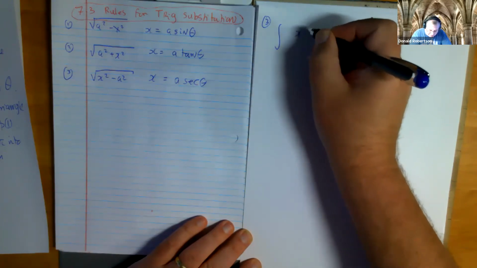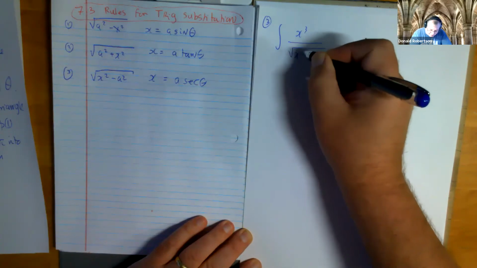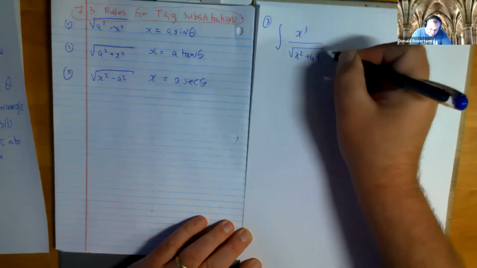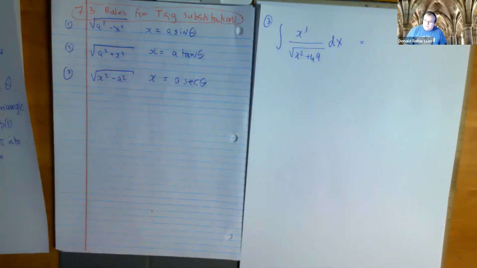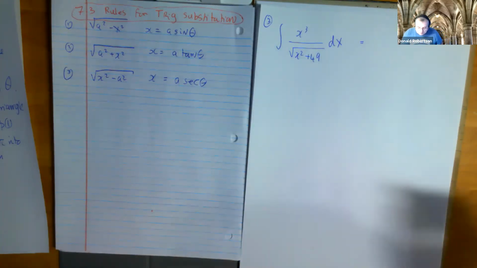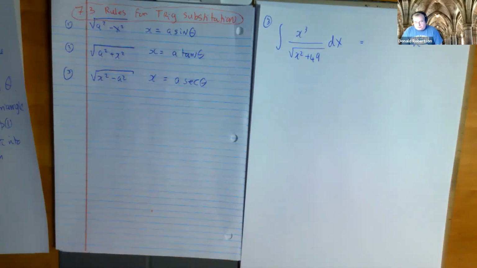So it's x cubed over the square root of x squared plus 49 dx. What should be the x sub, as I call it, used in this question?